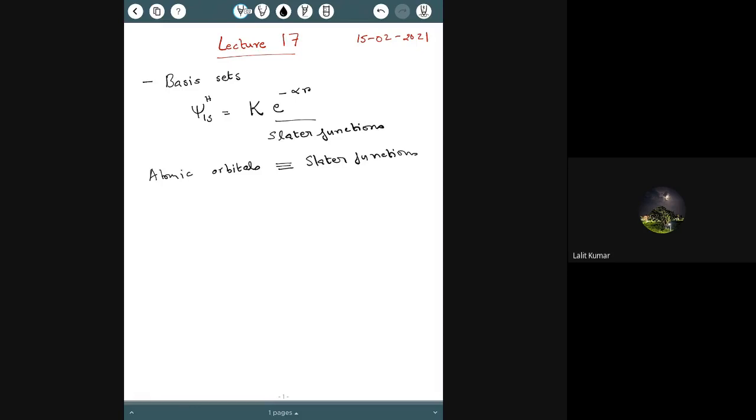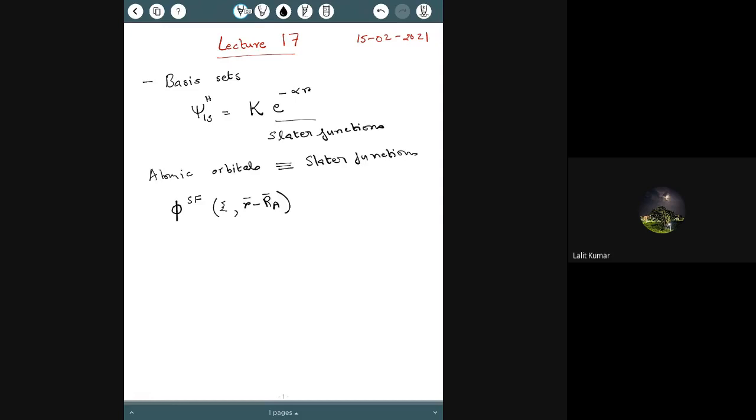Okay, and in general, so this is for 1s in particular. If I want a general function, say a Slater function that has an exponent, and these are the two vectors. So r is the variable, and Ra is the position of atom A, the atom on which this basis function is defined.